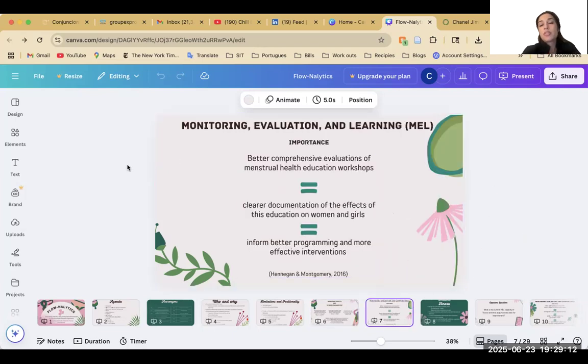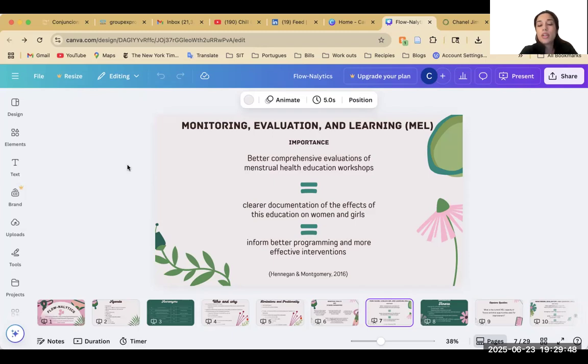So now I'm going to explain a little bit of MEL. I will use MEL for the rest of this presentation, but like I said, some people use MEAL, some people use M&E. In a nutshell, it's important to have MEL. An organization should have some type of monitoring, evaluation, and learning practice because better comprehensive evaluations of any program, but specifically menstrual health education programs, will equal clear documentation of the effects of these programs, of this education, of these workshops on women and girls.